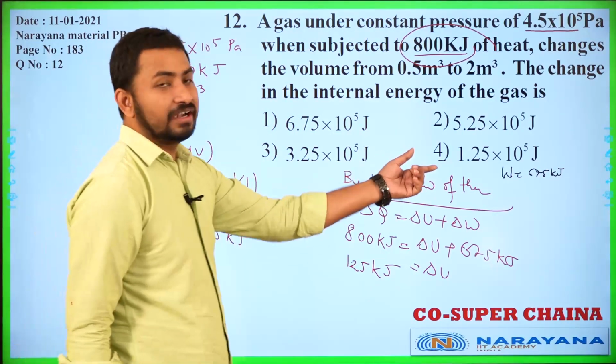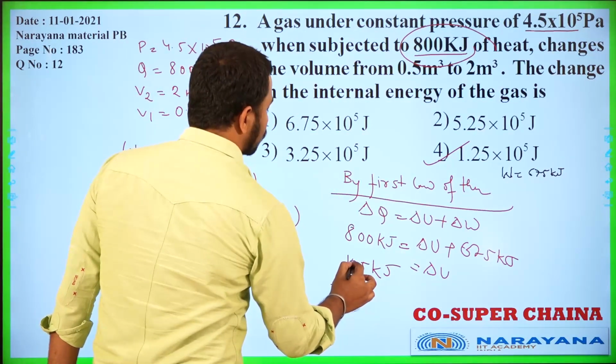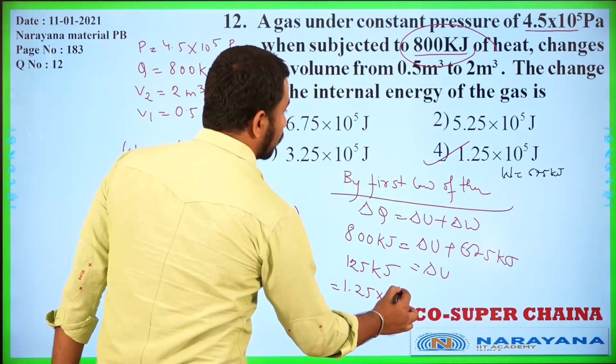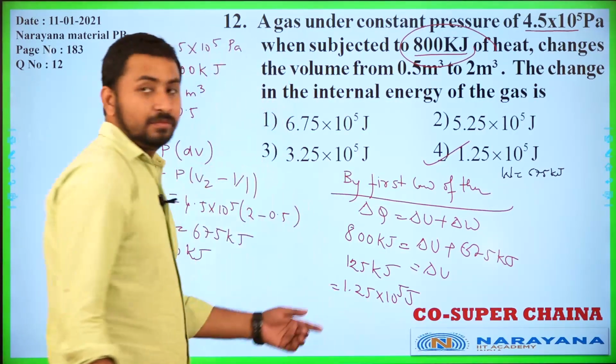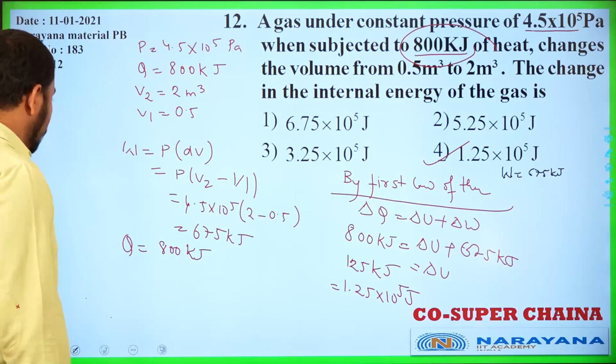If you convert it into joule, we get 1.25 into 10 to the power 5 joule, and that will be the answer of this question. So let's move to the next one.